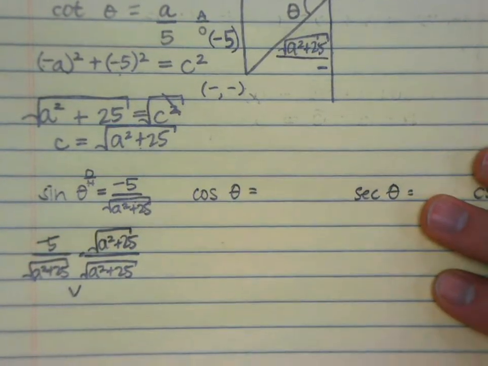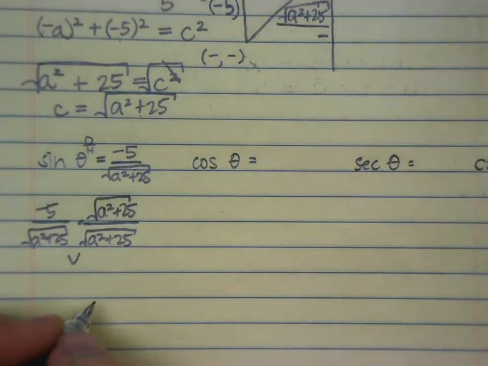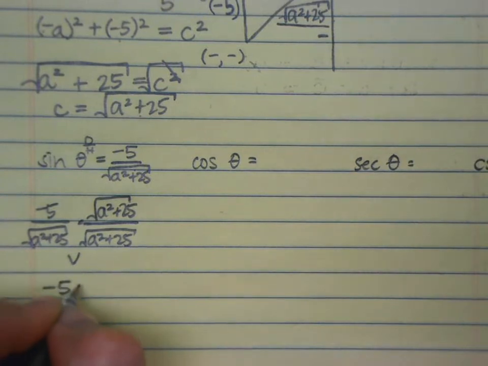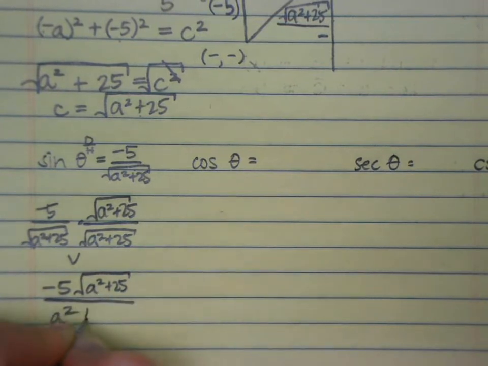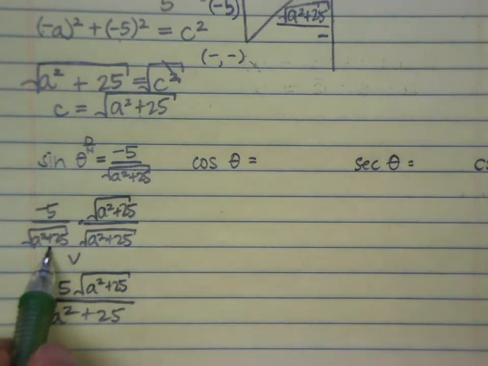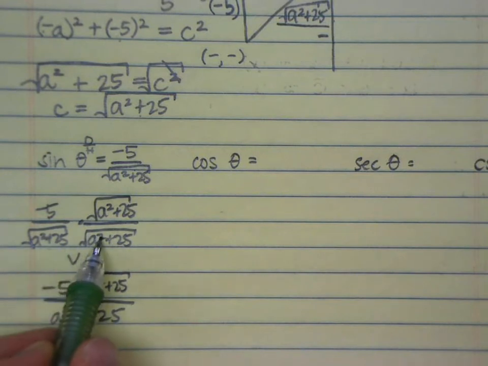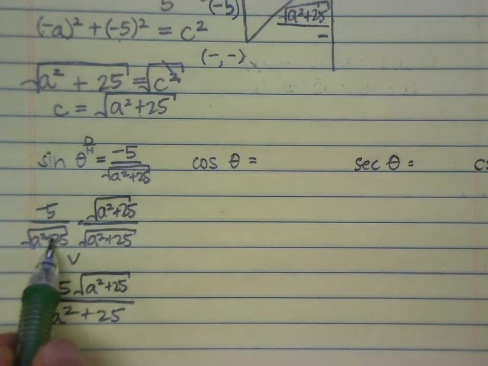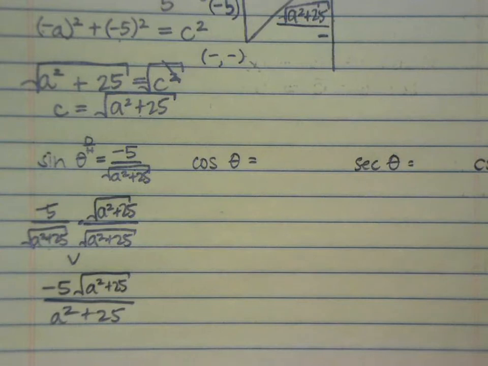When I do that, I'm going to get negative 5 radical a squared plus 25 all over a squared plus 25, because when you multiply two identical terms that are both being square rooted, you're going to end up with just the original.